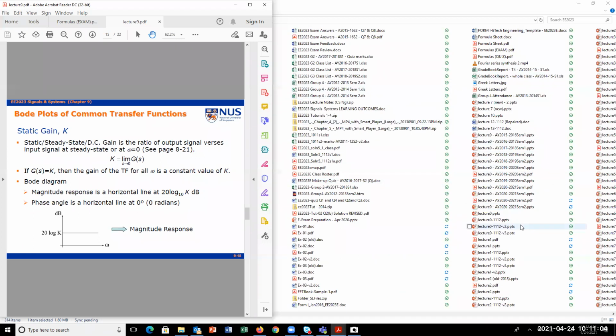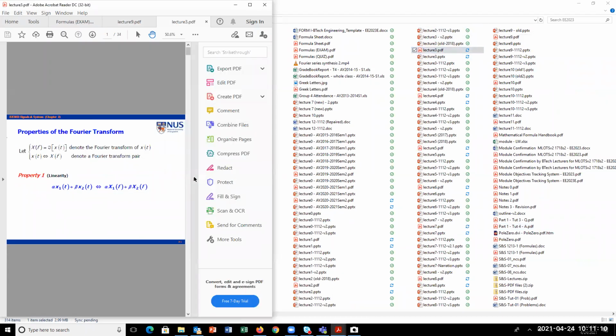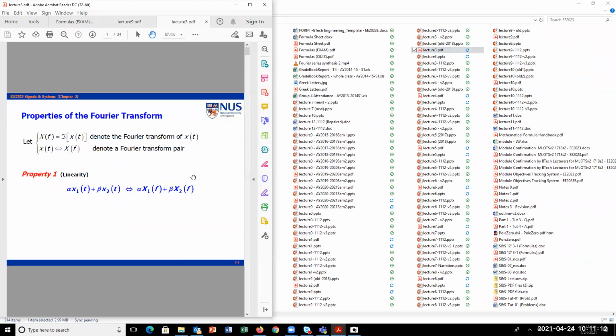These are all properties of the Fourier transform. We are not proving all this, we are just using this. I told you already that we don't expect you to prove this. We expect you to utilize it.